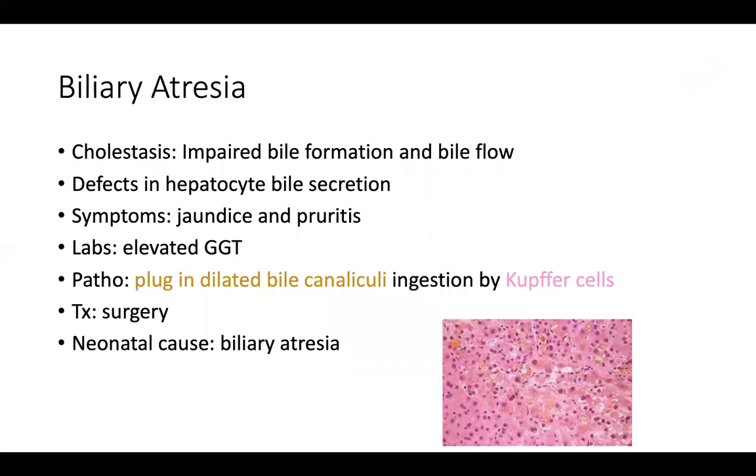Biliary atresia is, again, a cholestasis, impaired bile formation and bile flow. So we have defects in hepatocyte bile secretion, and so they get jaundice and pruritus. Again, they have an elevated GGT. And so there are going to be plugs in the dilated bile canaliculi that are ingested by Kupffer cells. The treatment is going to be surgery, where they connect the intestines with the liver.